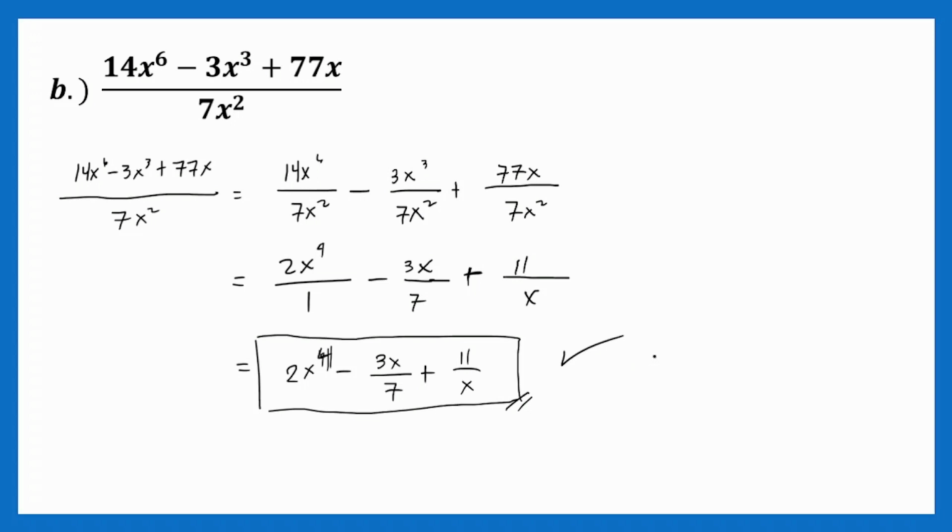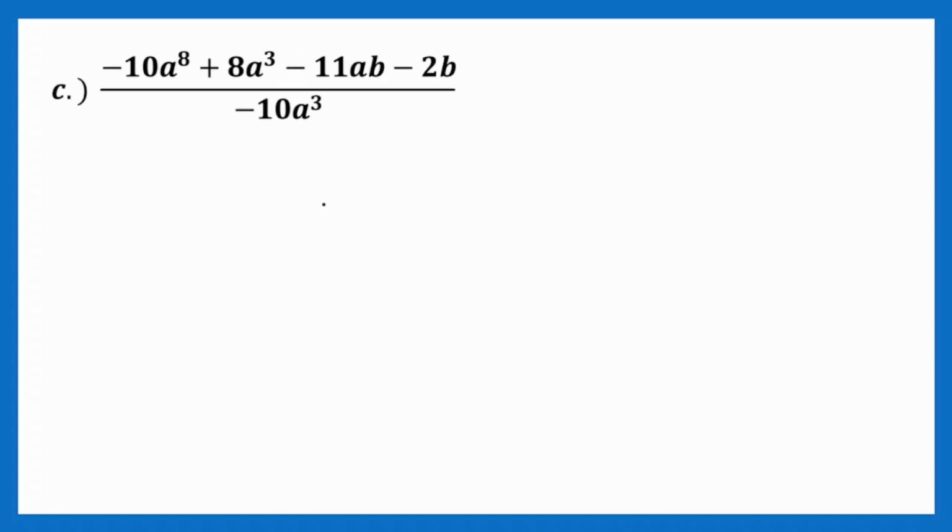Okay, so let's move to our last item. So, ito 4 terms na. So, negative 10a cubed, a raised to 8 plus 8a cubed minus 11ab minus 2b over negative 10a cubed. Ayan. Alright, so first thing we have to do is to separate ito. Right?